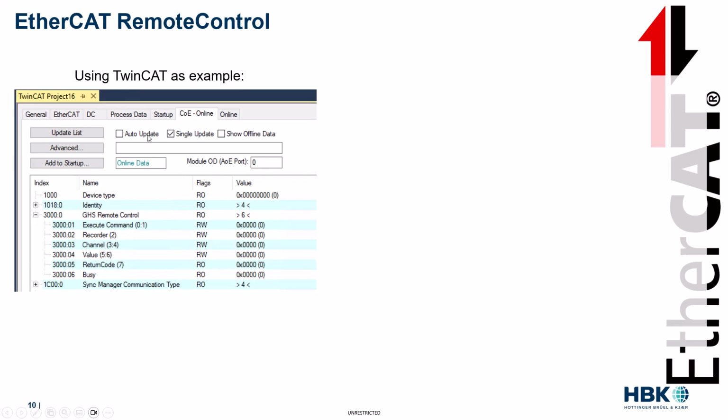In TwinCAT, usually you have on the left side all the devices available with all the PDOs which are transferred. Double click the device and you get this view where you have to activate the CoE online, the SDO object.